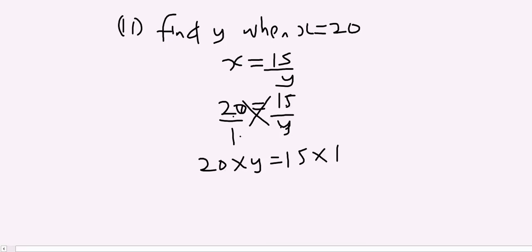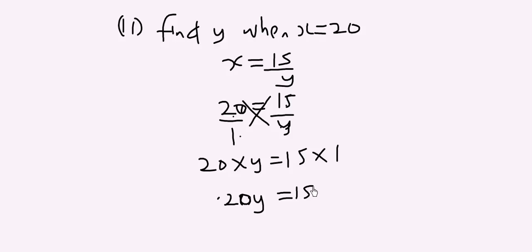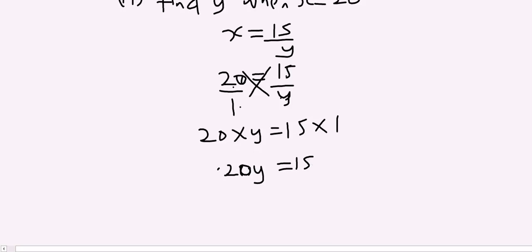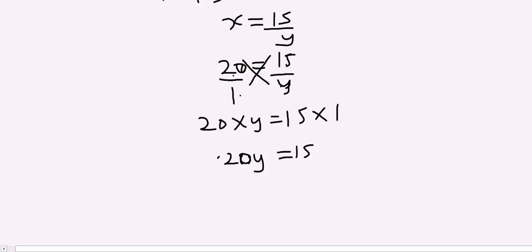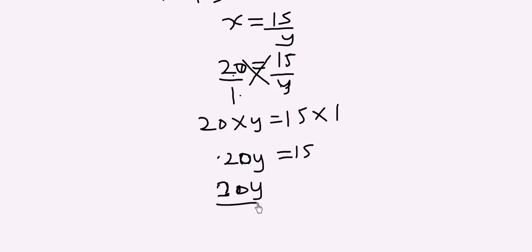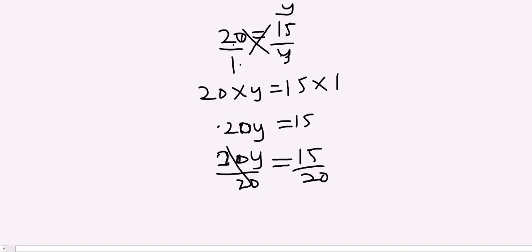So I have 20y is equal to 15. To get y, I divide both sides by 20. If I divide both sides by 20, I have 20y over 20 is equal to 15 over 20. So 20 cancels 20. I have that y is equal to 15 over 20.